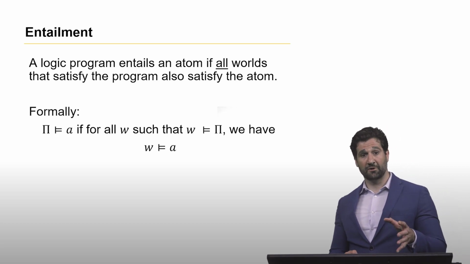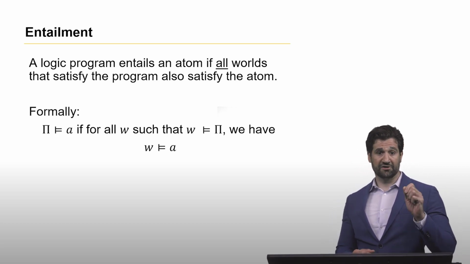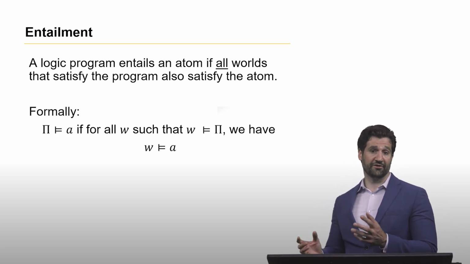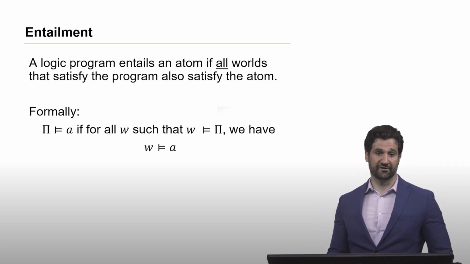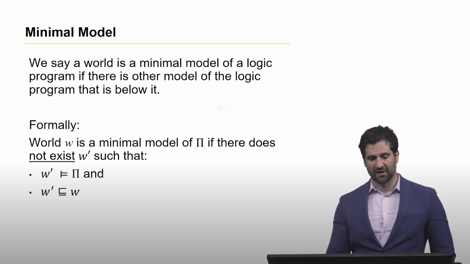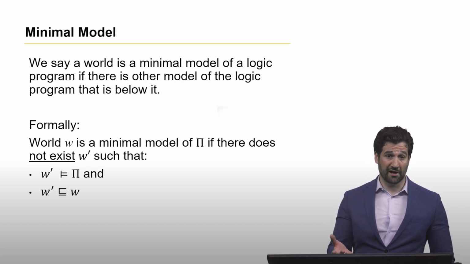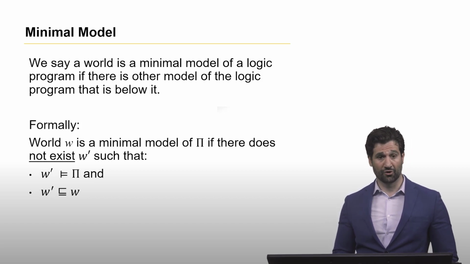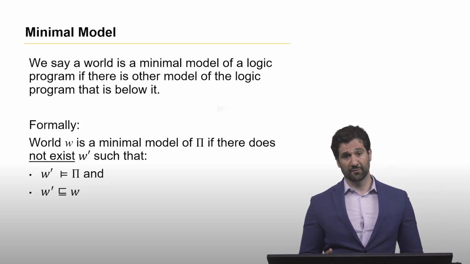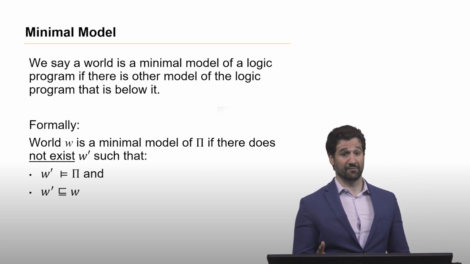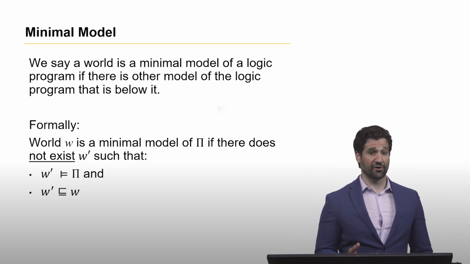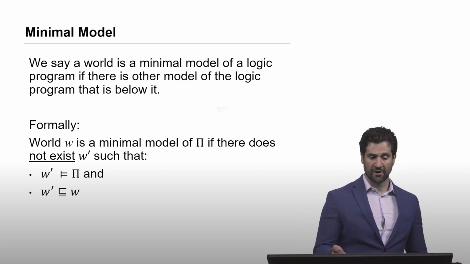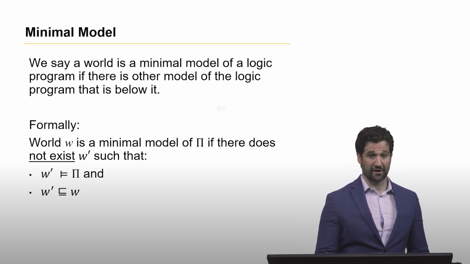And we're saying in this logic, a logic program pi entails atom A if for all worlds that satisfy the program, they also satisfy A. And then we introduced this idea of a minimal model, where we have this subset relationship amongst worlds. And we say a world is a minimal model for pi if it is a model of pi and there's no other world that is below W. So that W prime doesn't exist in that bottom part.